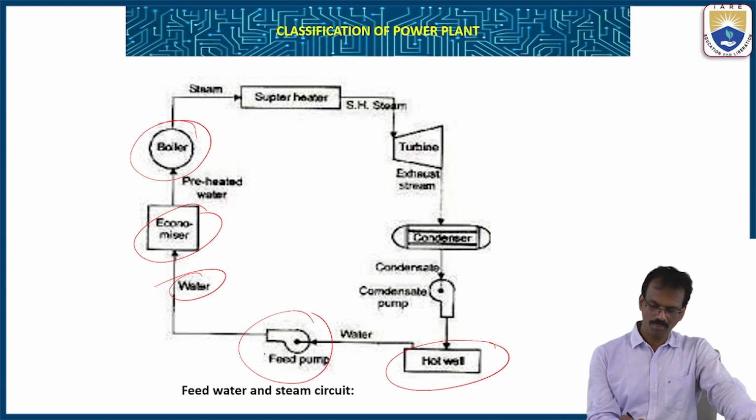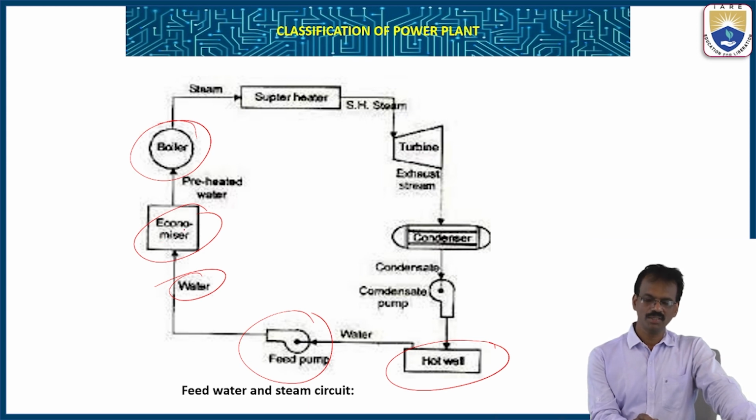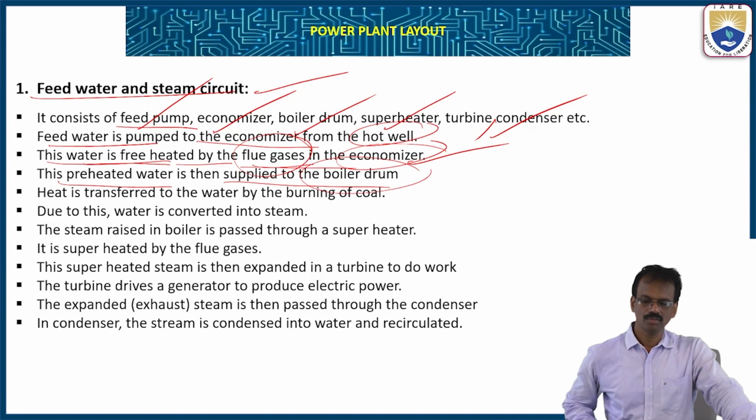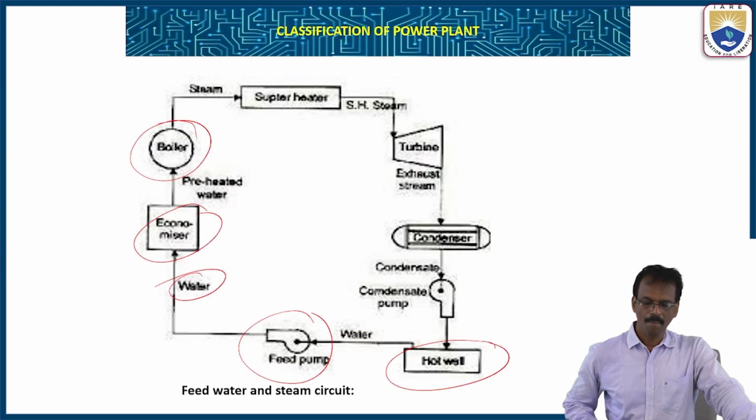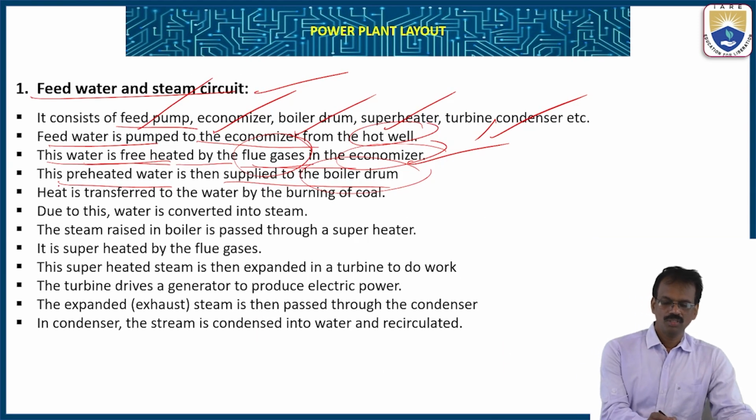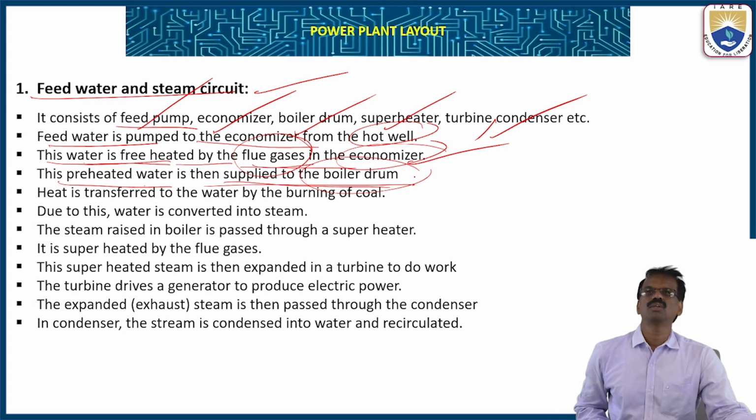That water is supplied to the economizer by the help of the feed pump. In the economizer, the temperature of the water will be increased by the help of the flue gases. Then this preheated water is supplied to the boiler drum.